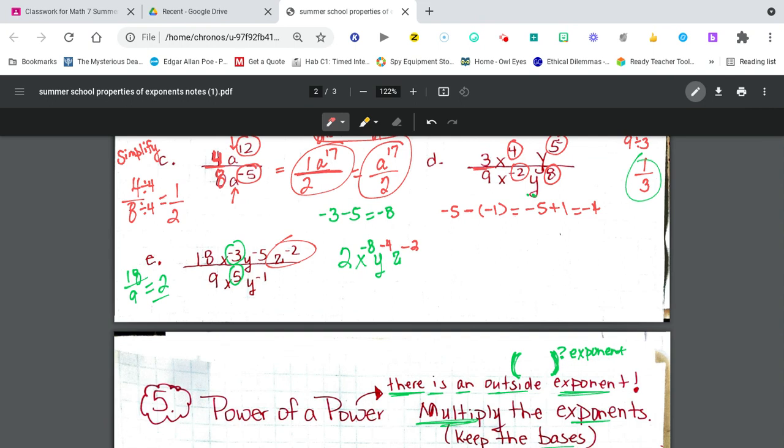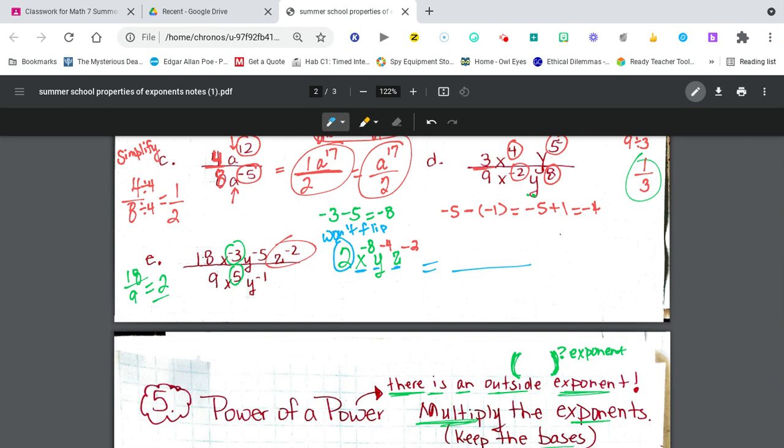Well, you got a lot of stuff that has a negative exponent. Looking at this, I can see that x has a negative exponent, y has a negative exponent, and z has a negative exponent. The only thing that will not flip is the 2. But now this other stuff will.